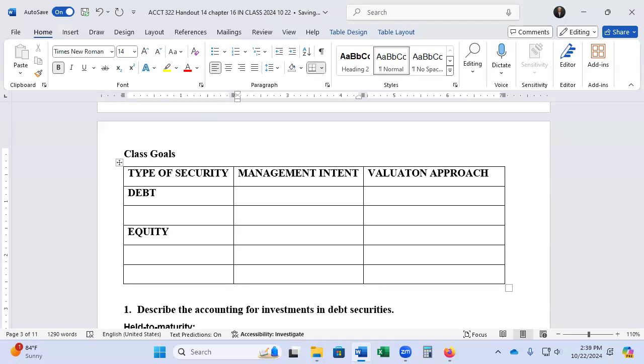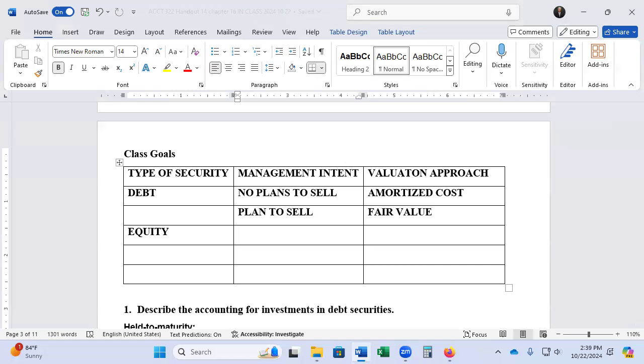And it depends on what management intends to do with it, how we are going to value it. And so the first one is if management has no plans to sell, then our valuation approach is amortized cost. And if management has a plan to sell, then we use fair value.